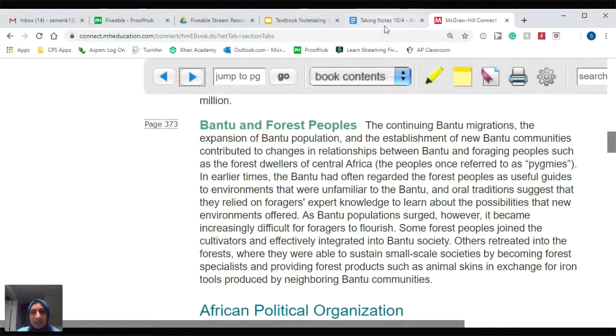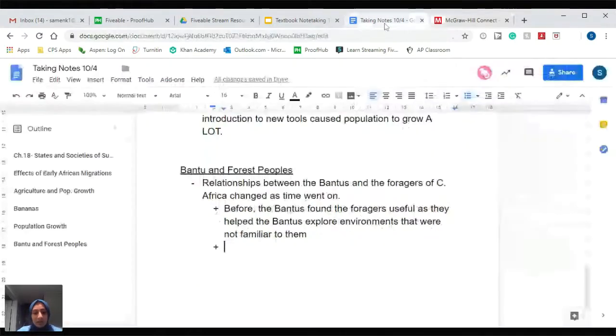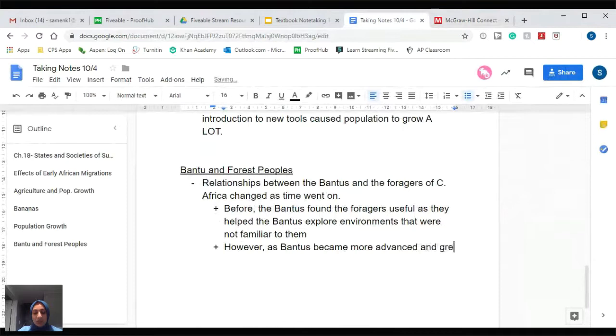So we're going to say, however, as Bantus became more advanced and grew in population, foragers did not have much room to succeed. And then maybe I might make a little sub point under that one.